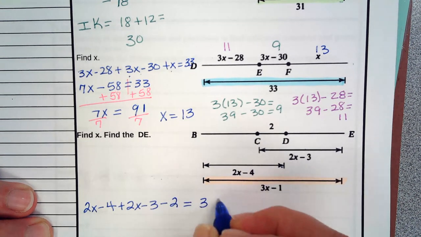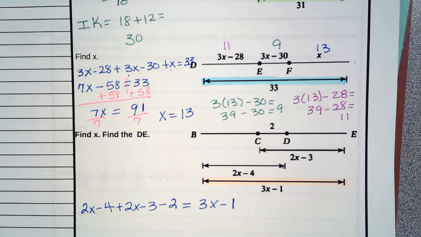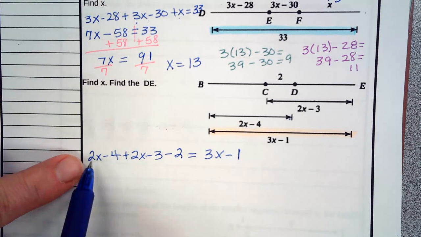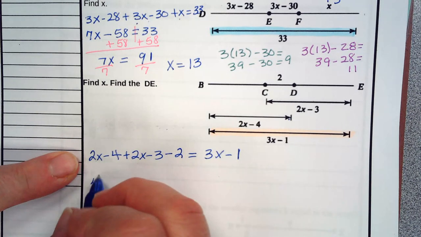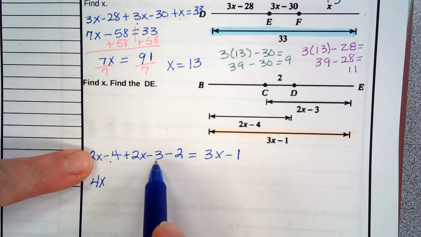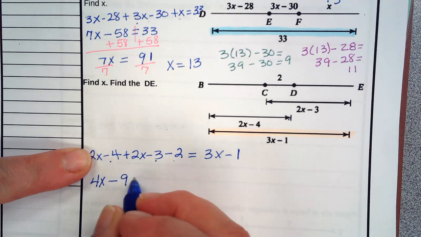And that is equal to 3x minus 1. Okay, combine your like terms. 2x plus 2x is 4x. Negative 4 plus negative 3 is negative 7, plus negative 2 is negative 9.